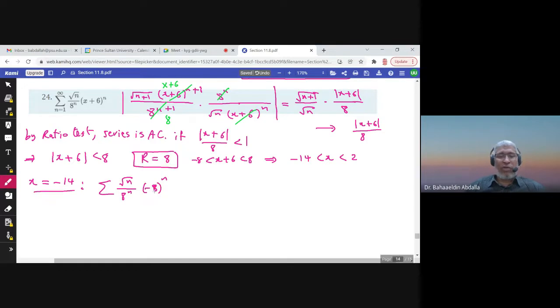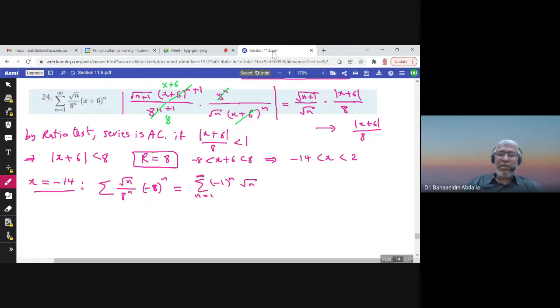And you always notice if everything is going good with you, then you always hear there is a cancellation. Okay, this quantity has to be something related to what is below. So I will have, this is 8 to the power n, this is -8 to the power n. If you divide, you get -8 over 8 all to the power n, or -1 to the power n times square root of n.